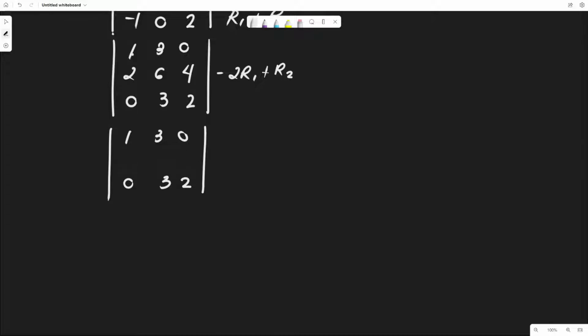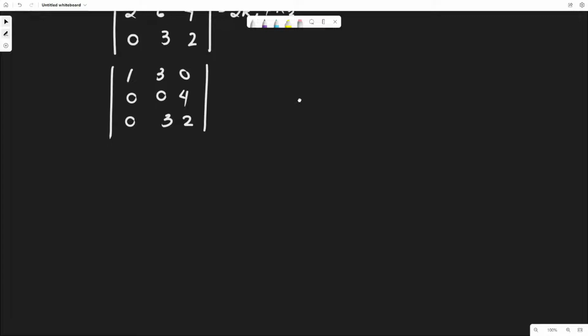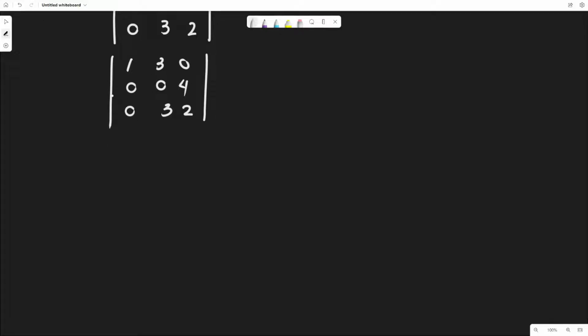Then negative 2, no? Negative 2 plus 2 is 0. Negative 6 plus 6 is 0. Then we have negative 0 plus 4 is 4. Ayan. No? So, then, since yung sa second row natin has 2 zeros, pwede ko na lang pag-interchange tong dalawang to.